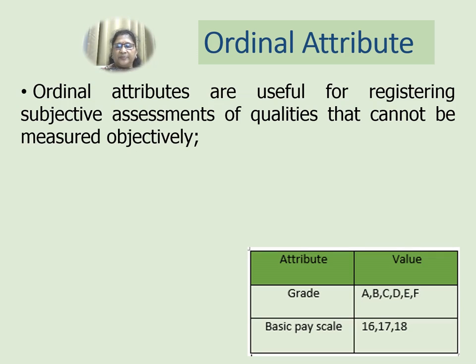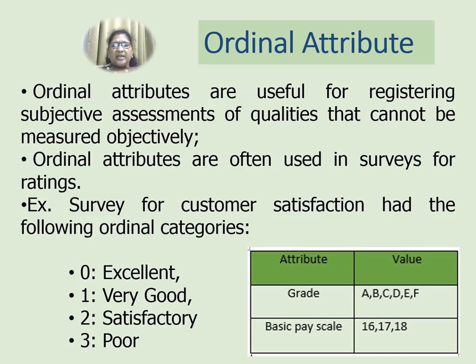Ordinal attributes are generally used for surveys, such as customer satisfaction: excellent, very good, satisfactory, and poor. Another important thing is that, like nominal, we can assign numbers to these names: 0 representing excellent, 1 representing very good, 2 representing satisfactory, and 3 representing poor, and so on.